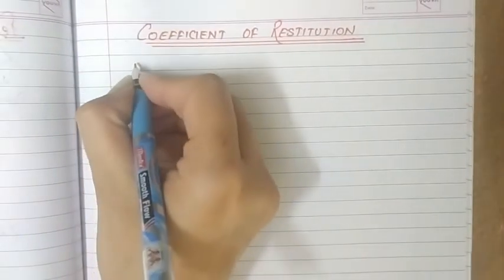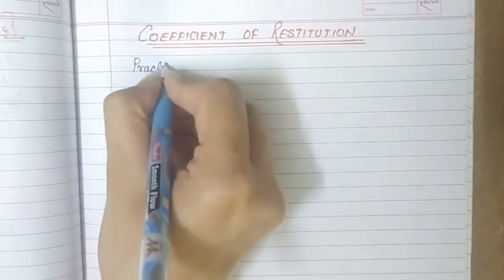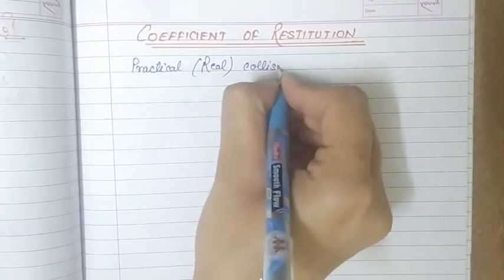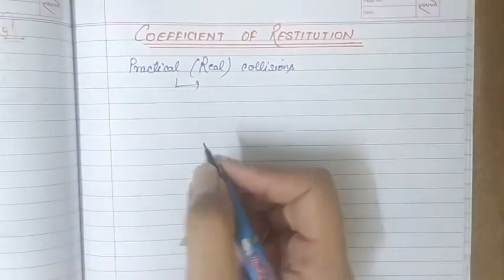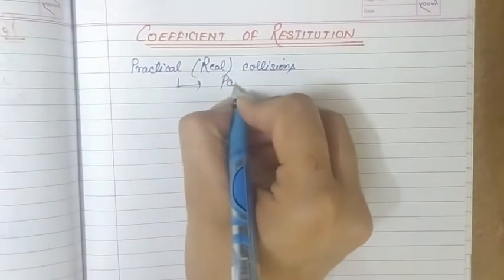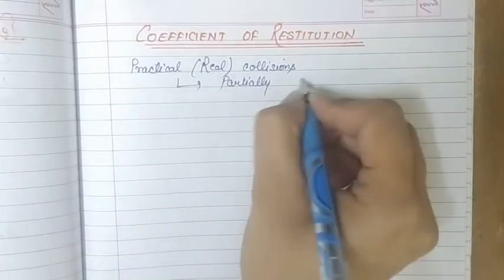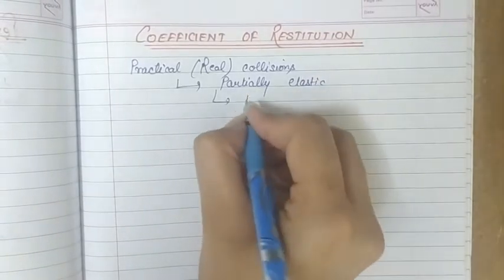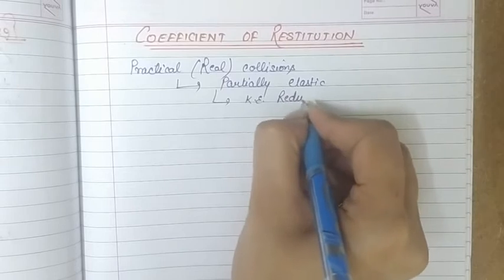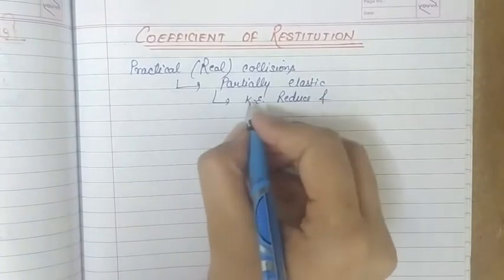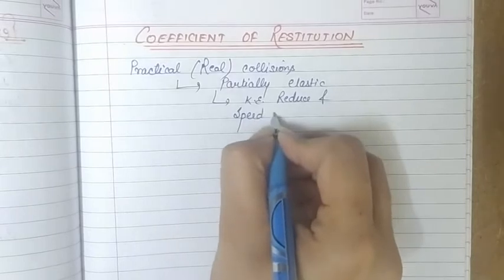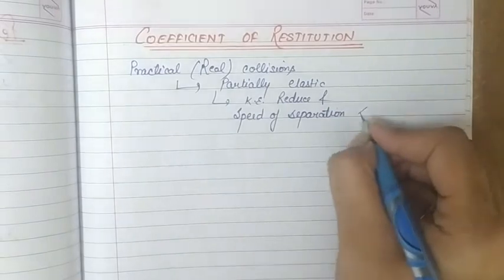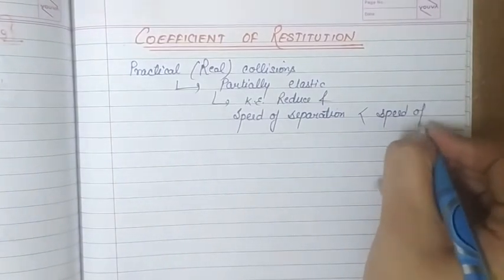So in practical or real collisions, such types of collisions are actually partially elastic, and in such collisions the kinetic energy reduces and the speed of separation is less than the speed of approach.